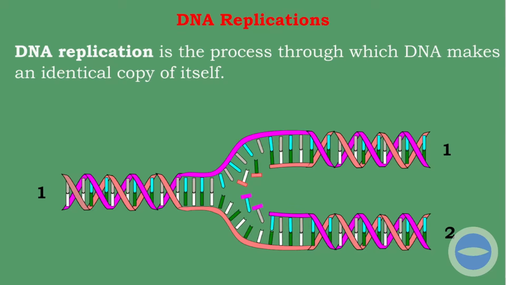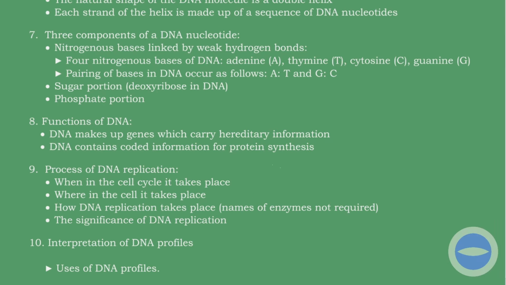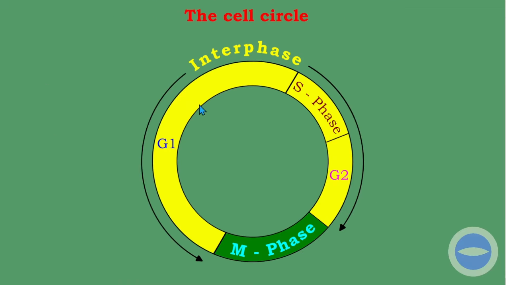So let's see what the document says about DNA replication. You must know when in the cell cycle the replication takes place. Let me show you the cell cycle. This is the basic structure of a cell cycle.